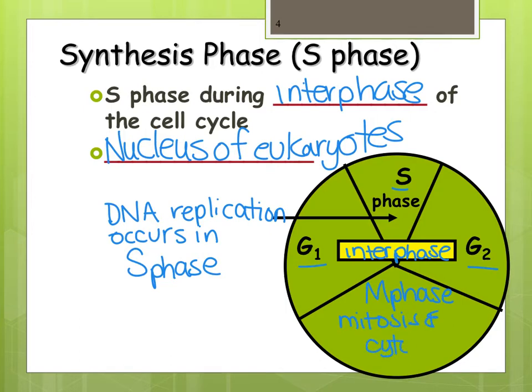What's the difference between mitosis and cytokinesis? Remember, mitosis is defined as nuclear division. Cytokinesis is whole cell division. They're similar in that they're both divisions, but mitosis is just division of the nucleus, whereas cytokinesis is the division of the cells.